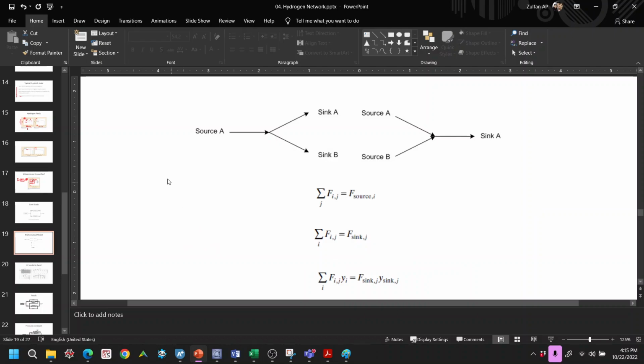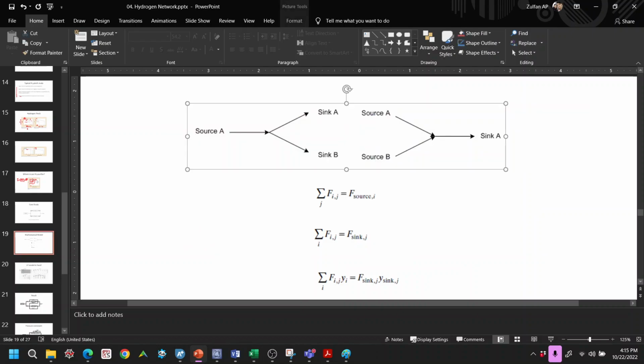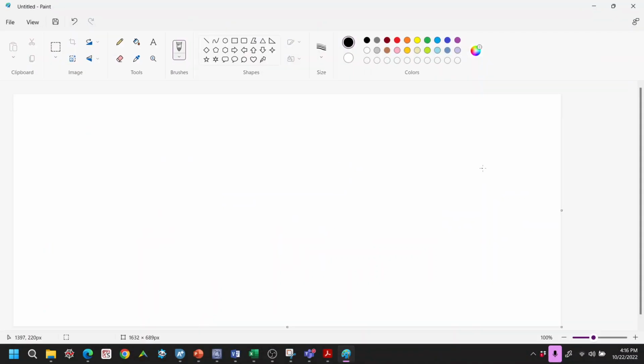Yeah, superstructure. So this is then the superstructure. If I draw it, something like this. So we have hydrogen, we have A, and we have B. This is what we call source, and we have demands, and we have A, we have B, and then we have fuel, right?